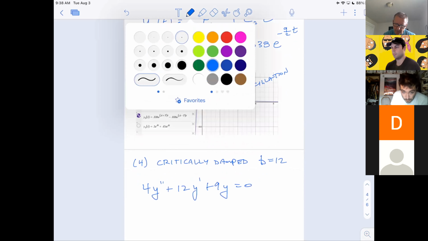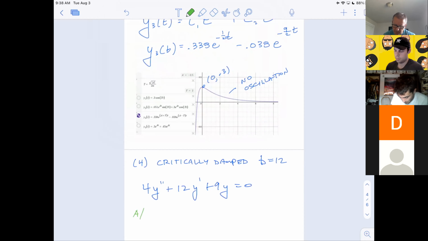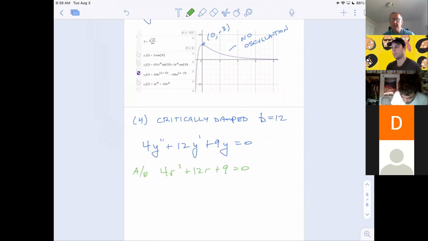Because your auxiliary equation happens to be 4r squared plus 12r plus 9 equals 0. What happens this time? They're both equal to the same thing. You get the same exact answer.